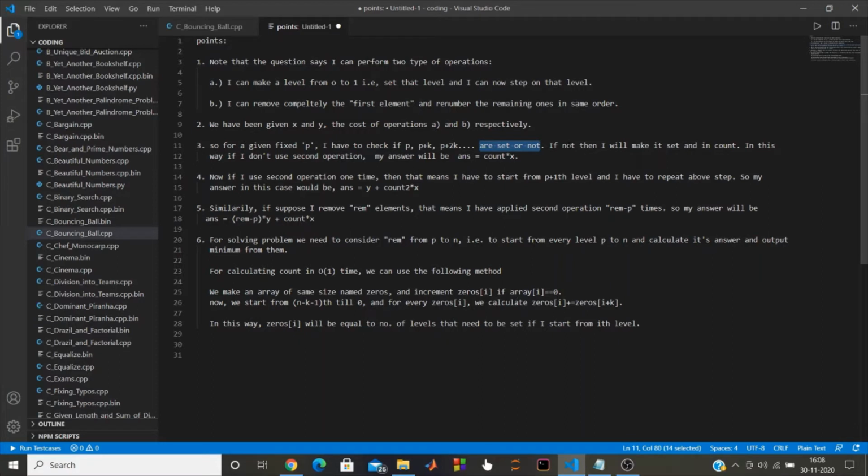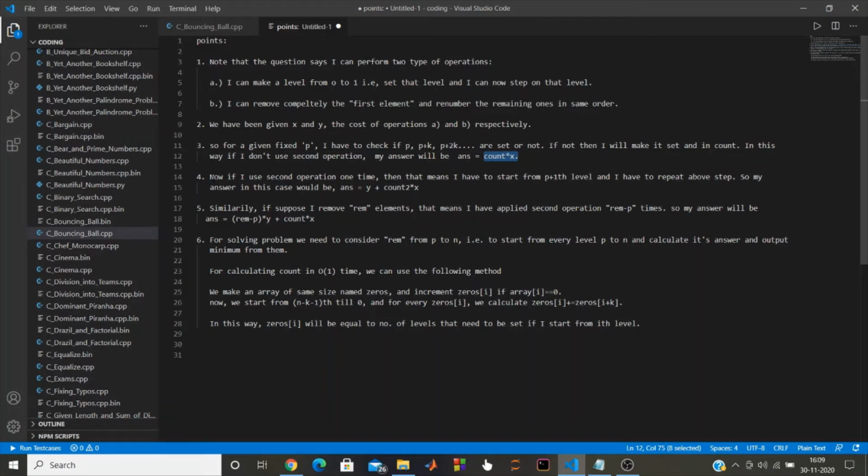If they are not set, then I have no choice but to make them set, and that will cost me x. So suppose count is the number of elements which are 0 among p plus k, p plus 2k and all those. Then my answer will be count into x.